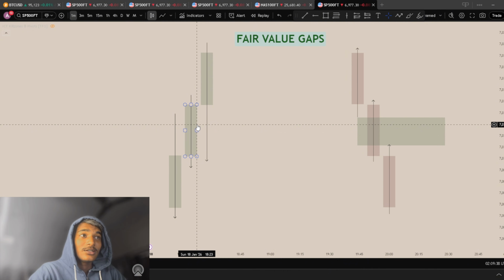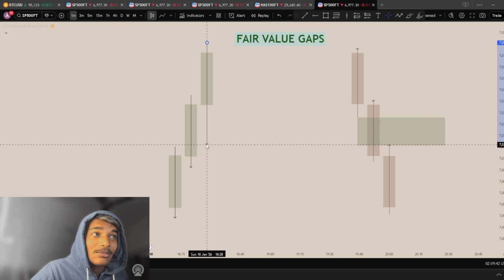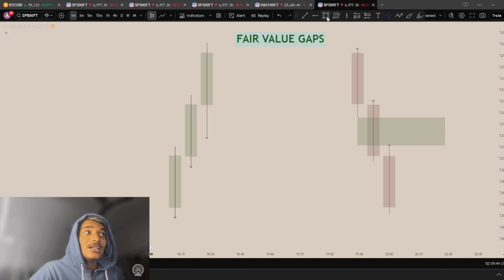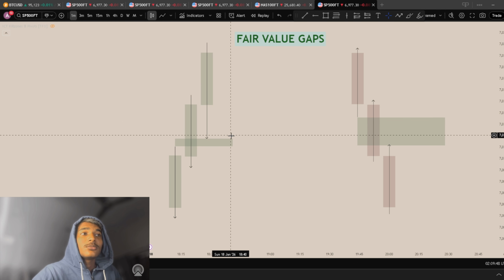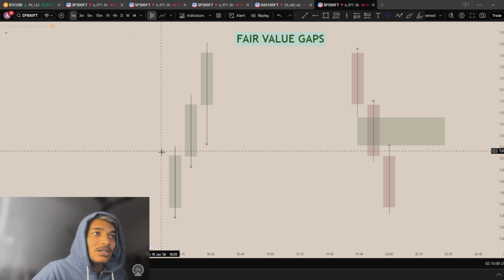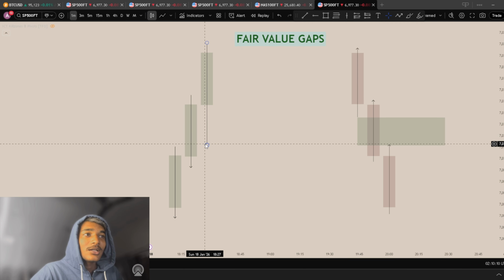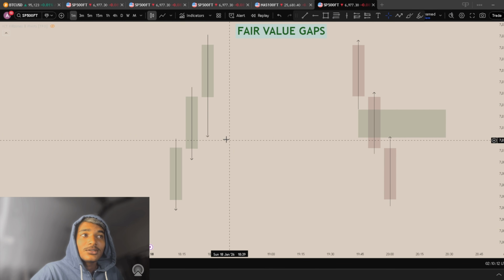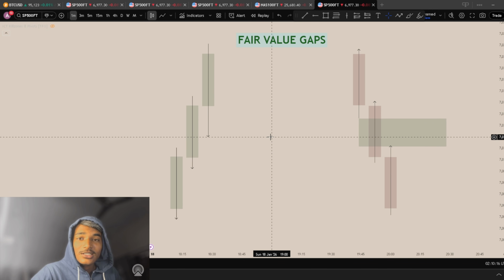And if there is a tiny gap like this, then it is also a fair value gap. No matter how small the gap is, it is a fair value gap. But if the gap is very tiny, then usually don't take that. It is not considered a great fair value gap. But if the gap is visible without zooming in, then it is a valid fair value gap.